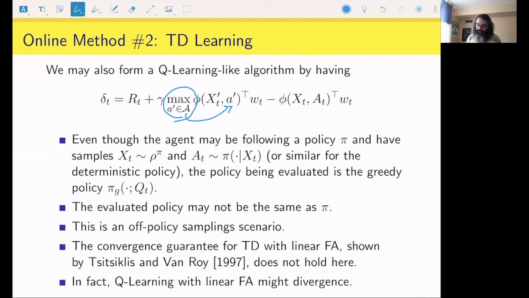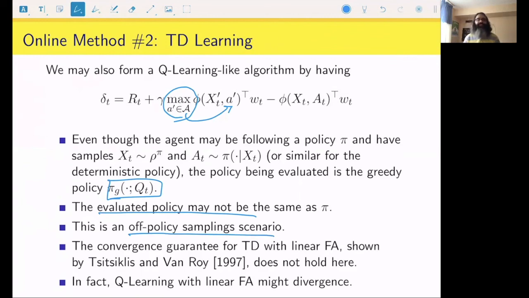The point here is that, as I mentioned, the policy that the agent is following, the behavior policy, is usually different from the greedy policy with respect to Q_t. For example, the agent is following an epsilon-greedy policy with respect to Q_t, but what is being evaluated is the greedy policy. This means the policy being evaluated may not be the same as the policy generating data, which makes it an off-policy sampling scenario.